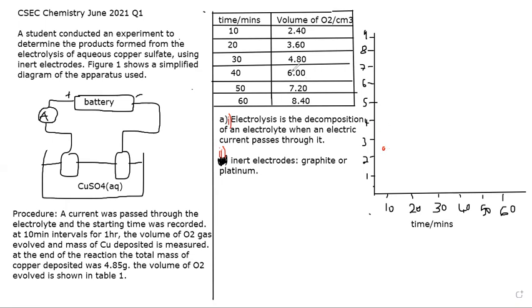And then the second one is 20, 3.6. So we find 20, and on the y-axis, 3.6 would be approximately midway between 3 and 4. So you go across to 20, probably about right there. And then 30, 4.8, so it's a bit closer to 5.